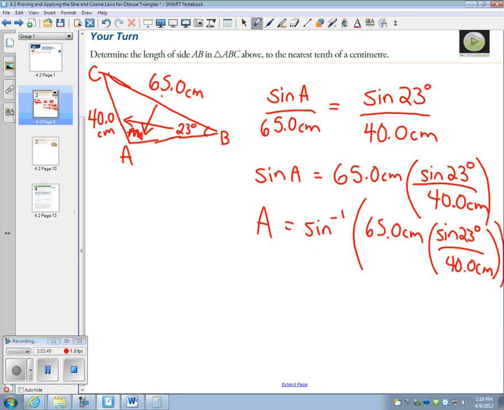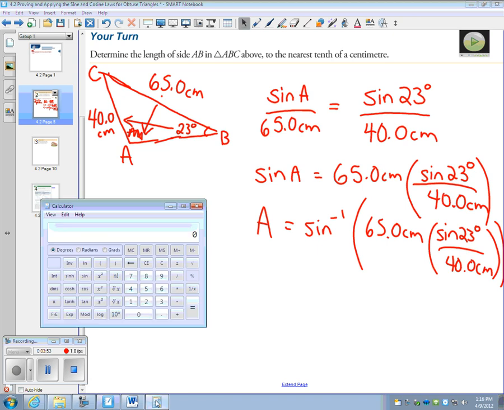Calculator. I'm going to work my brackets first. I'm going to go 23 sine, and I'm going to divide that by 40, equals, and times that by 65. Then I'm going to be doing the inverse sine.